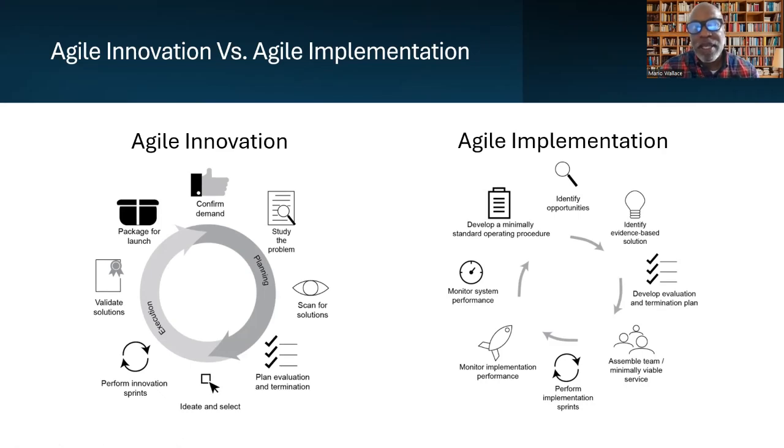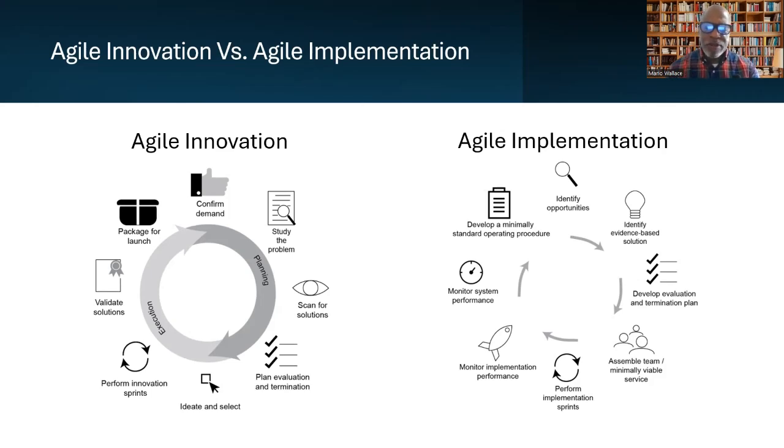If there is a solution that addresses a problem that you have identified within your healthcare setting, then do not recreate the wheel. Just take that solution and scale it down to the size of your healthcare organization or the specific unit that you're trying to address the problem in.